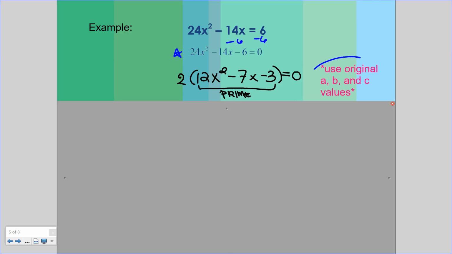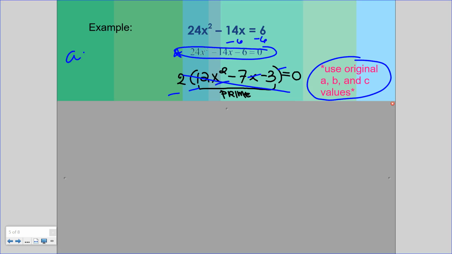So here I have a note that if the GCF does not help you factor further and what you're left with inside is prime, then just think of this as, oh, it couldn't be factored, which I know is false because a GCF came out of it, but kind of ignore this and come back up to the top and use A, B, and C that were originally given to you.